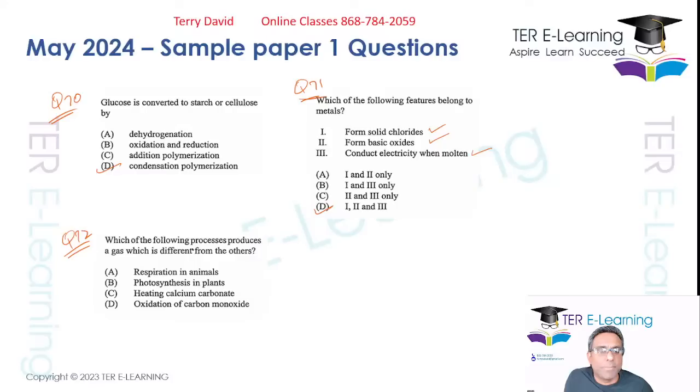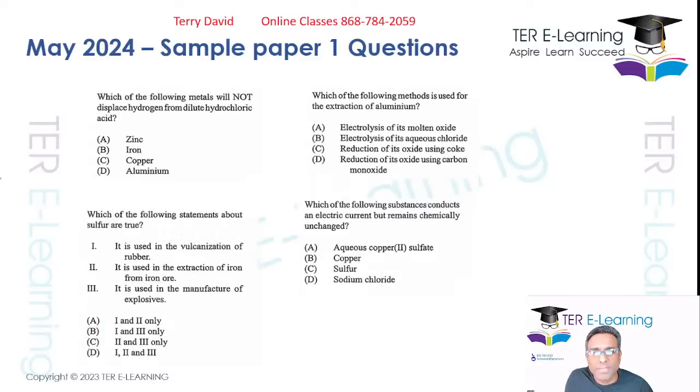Alright, so a lot of people saying the answer is B. Yeah, it is B. Because in respiration, we get CO2, right? Heating calcium carbonate, you get CO2. Oxidation of carbon monoxide, you get CO2. And photosynthesis in plants, you get oxygen, right? So the answer is B. So that's 72. This here is 73.